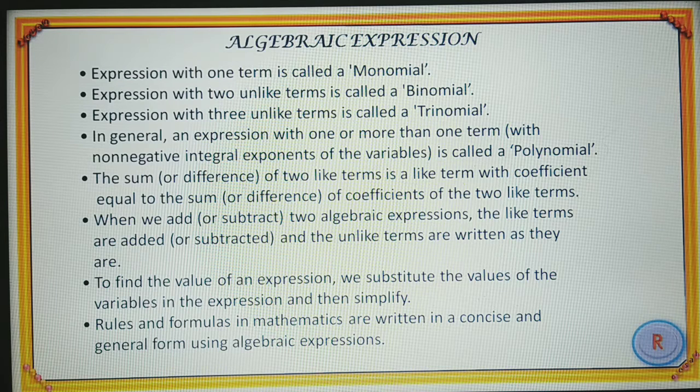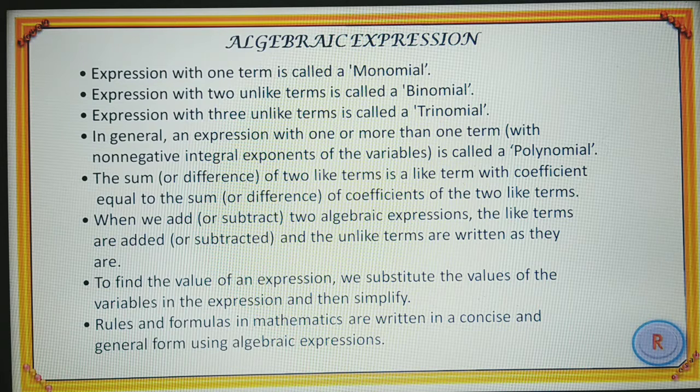The sum or difference of two like terms is a like term with coefficient equal to the sum or difference of the coefficients of the two like terms. When we add or subtract two algebraic expressions, the like terms are added or subtracted and the unlike terms are written as they are.